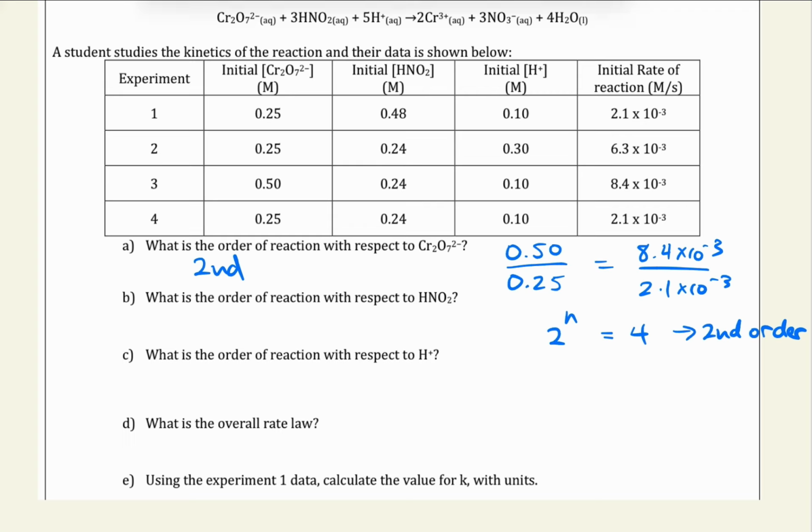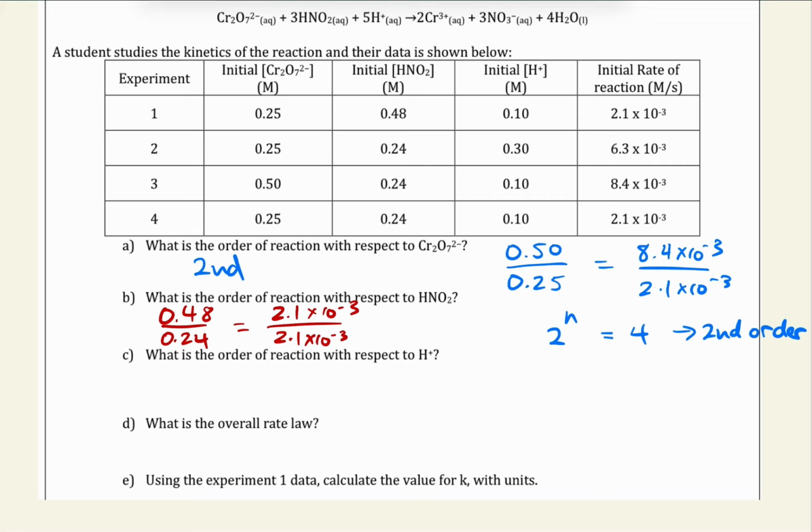So what we will do here is something similar. We will take our 0.48 divided by 0.24 equals 2.1 times 10 to the negative 3 and 2.1 times 10 to the negative 3.